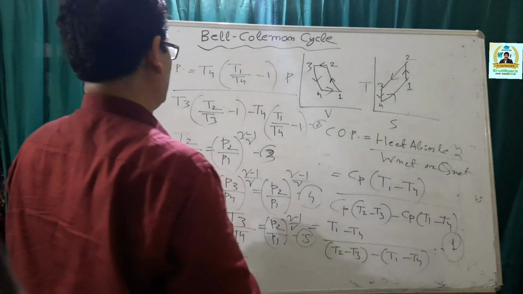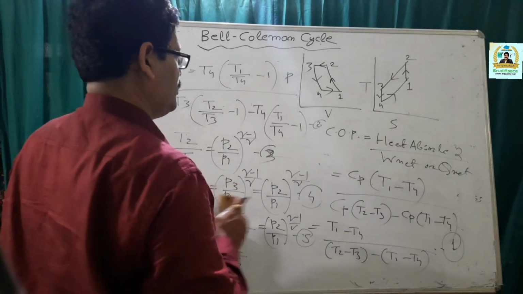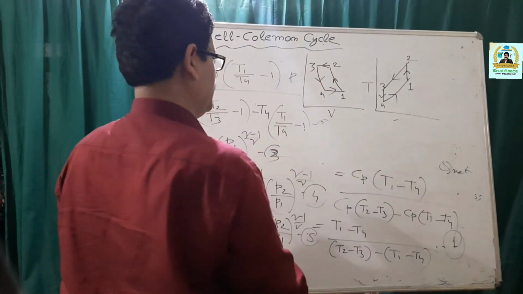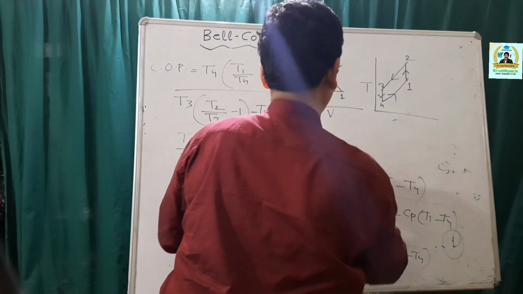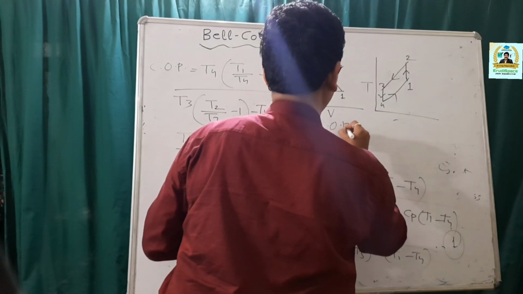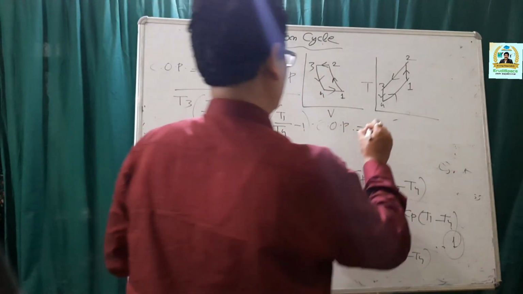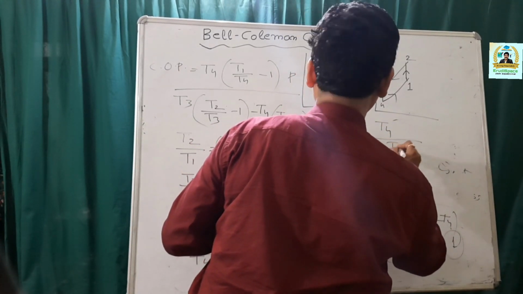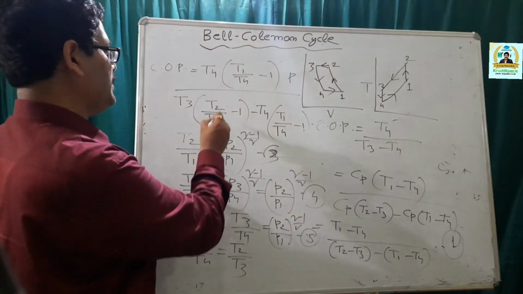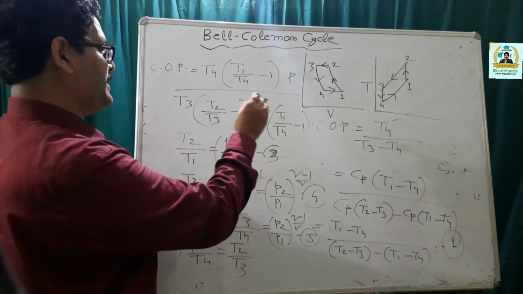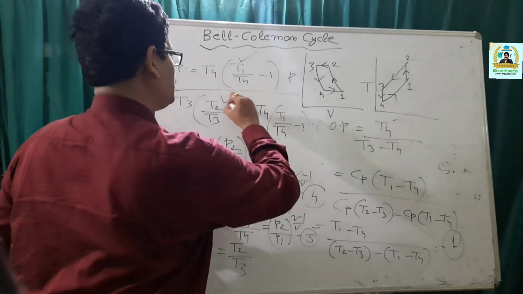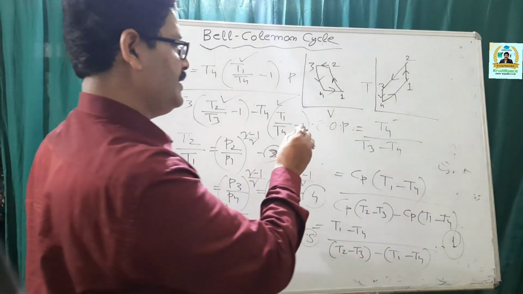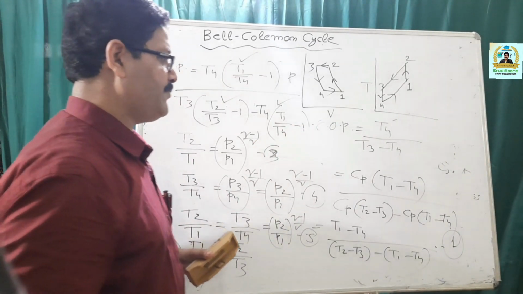So now the C.O.P. will be equal to T4 divided by T3 minus T4. Because once you substitute T2 by T3 by T1 by T4, these terms will get eliminated and you get C.O.P. is equal to T4 divided by T3 minus T4.